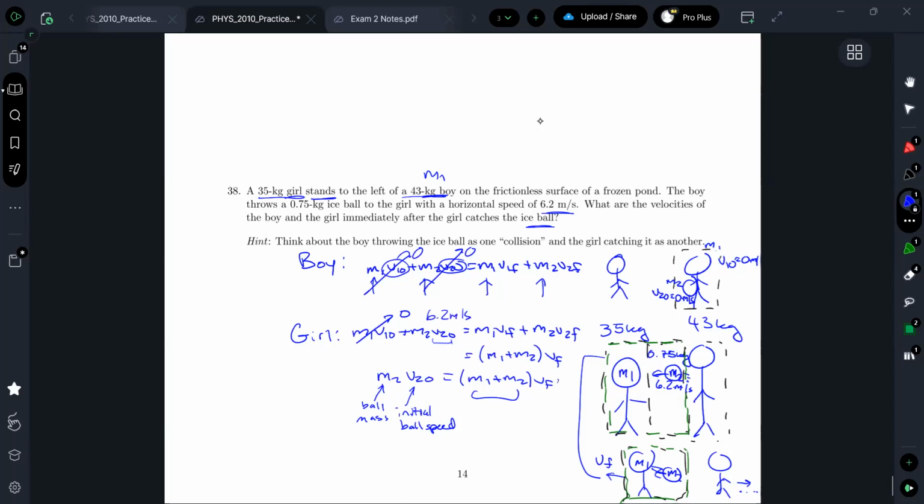What is the unknown is the final speed of the girl and the ball together. And similar up here, V2F, as far as the first collision, is what we would call 6.2 meters per second. All of these are also to the left, though, so I'm going to have to make it negative. And if I do all of that, I should get to the right answer for this stuff.